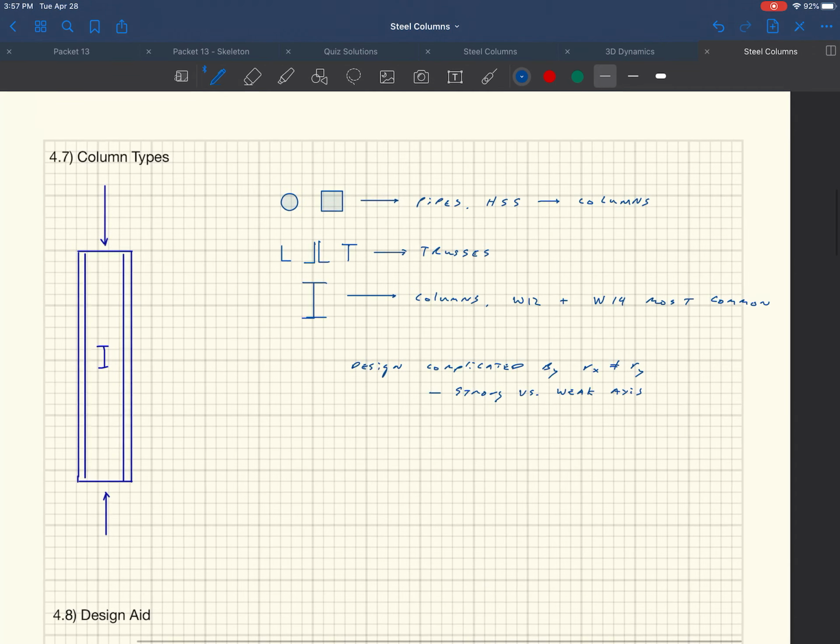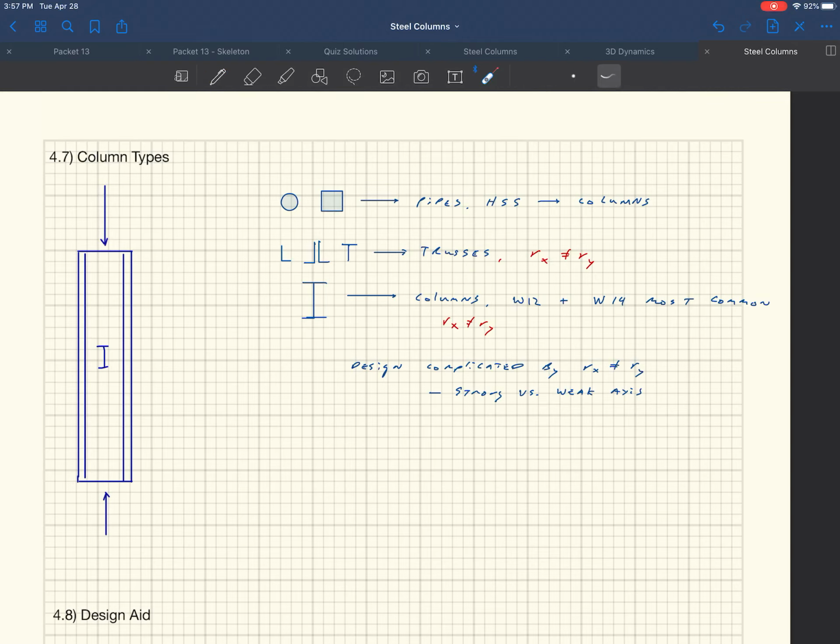Okay. The reason I kind of had it here, or why I've historically talked about it here, is because these guys, wide flanges, your Rx does not equal your Ry. Same thing with these components right here. Rx is not equal to Ry, meaning that there is a strong axis and there is a weak axis.